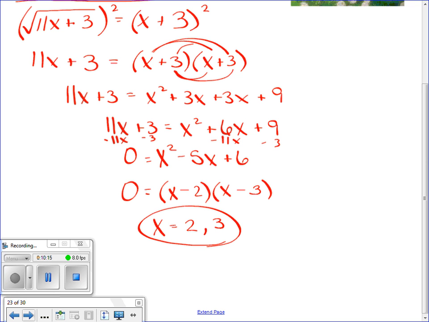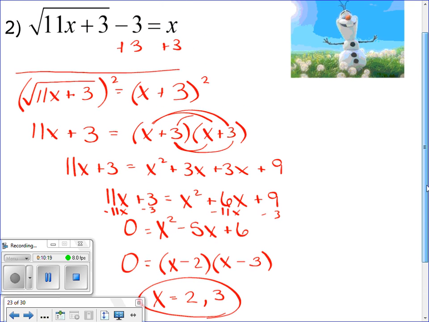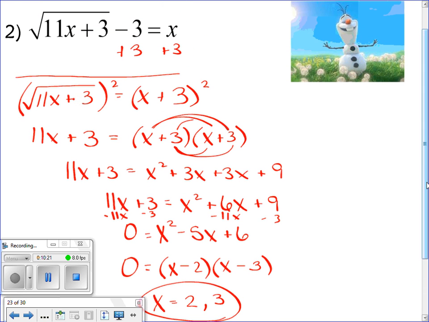Should I check them? Go back to the original problem when you're checking these. So 11 times 2, 22 plus 3, 25, it's square root of 25, it's 5, minus 3 is 2. So that one worked.